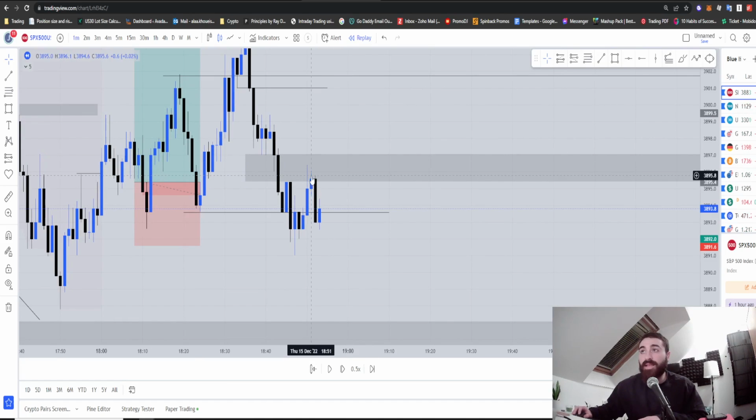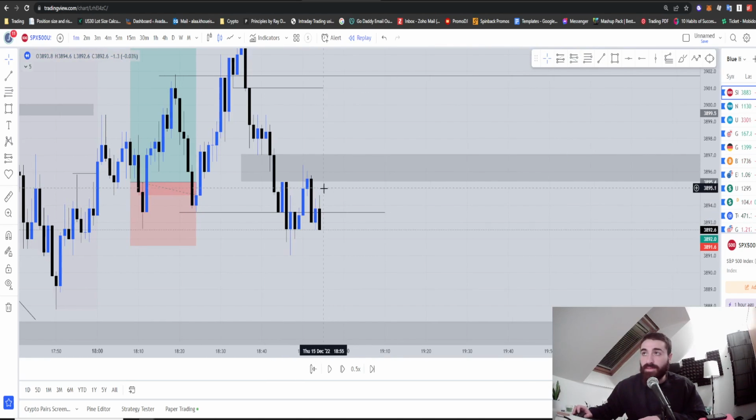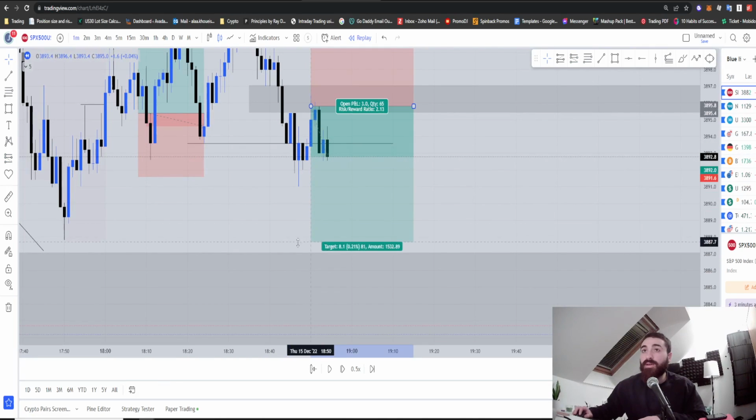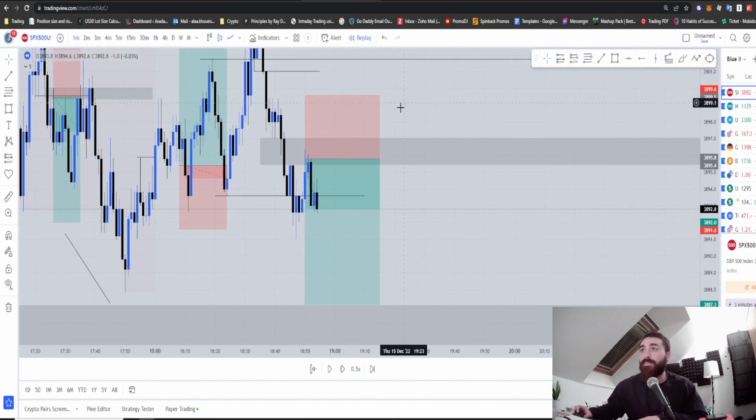So if you didn't enter here already, you can enter here as well, because as we can see, there was here a small fair value gap, and we could have entered here. My entry on this trade was on this fair value gap right here, my stop loss above these highs, and my target the fair value gap, 2.2, 2.3.